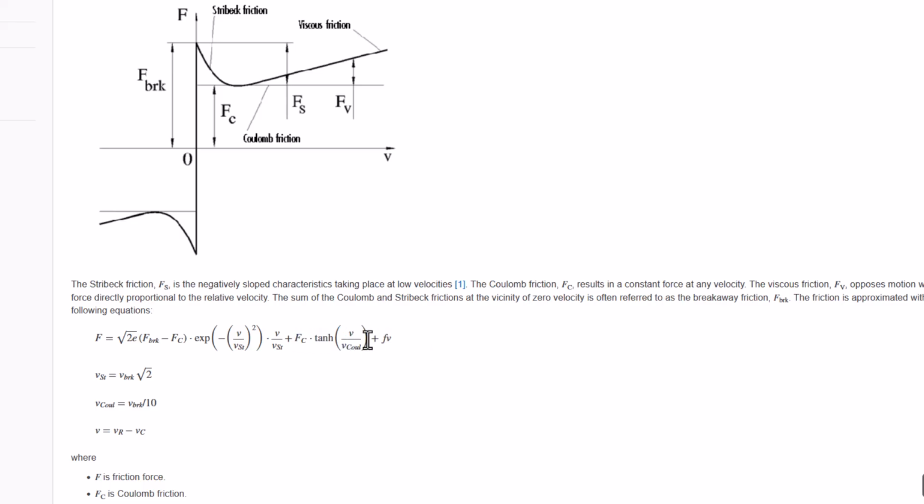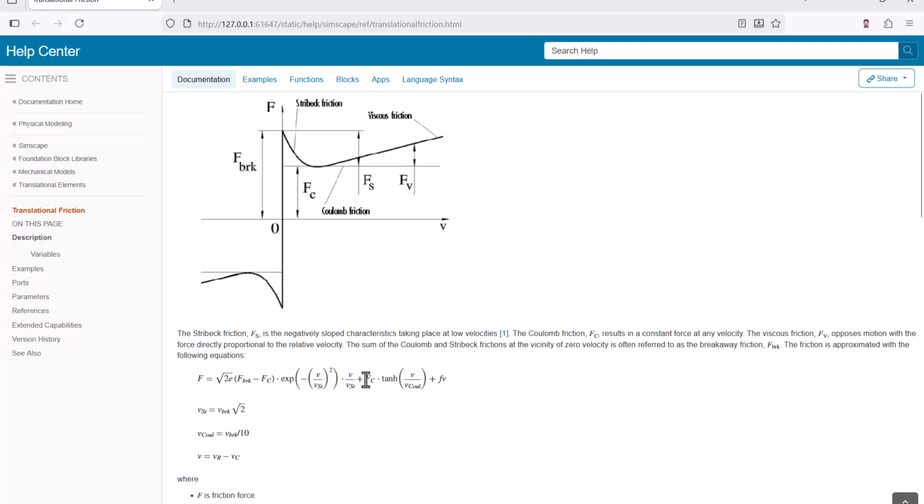The next term is going to be the constant force or the Coulomb force. You can see the Coulomb friction in this graph is this horizontal line. And that is why it is called the constant force, since this friction force is not a function of velocity or position. It is just constant, and it only depends on the materials and the surfaces and the roughness of the contacting surfaces.